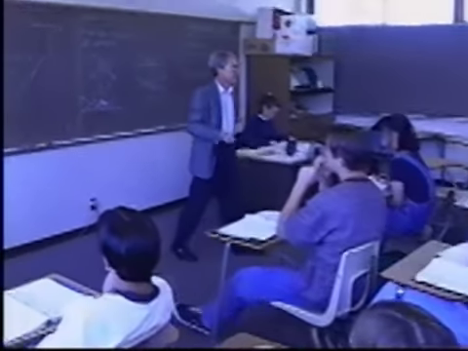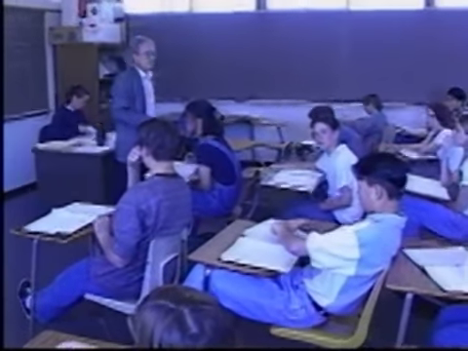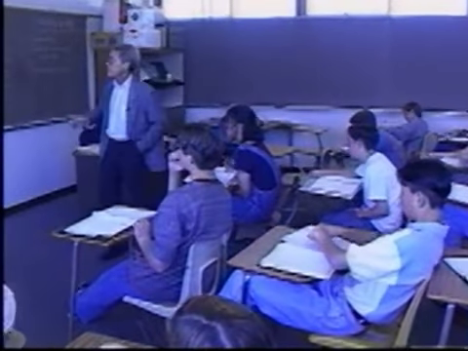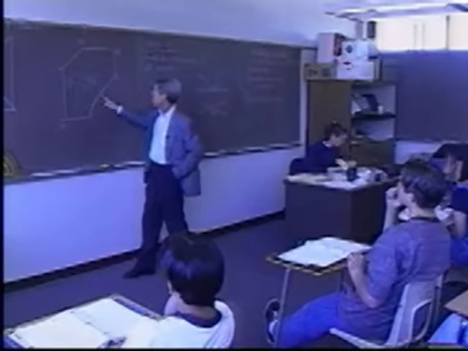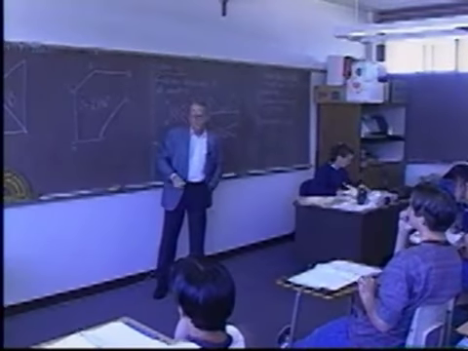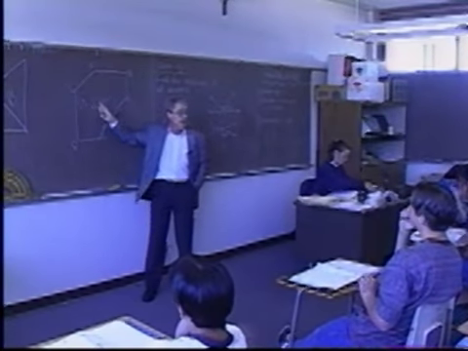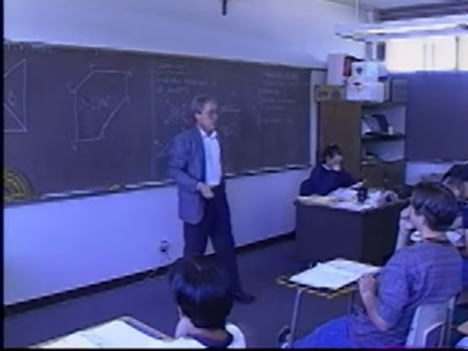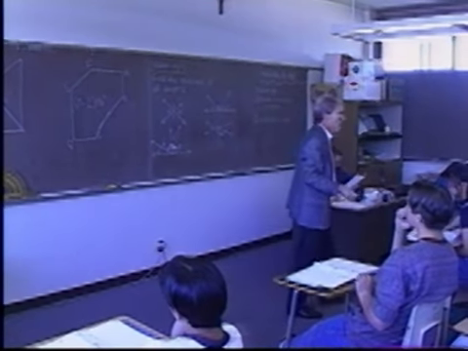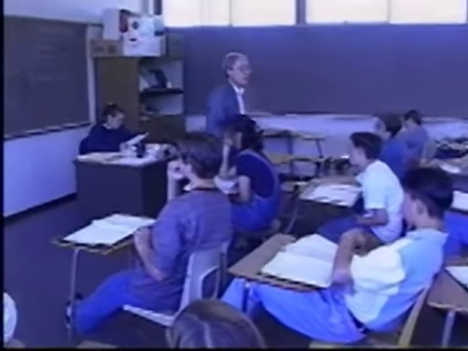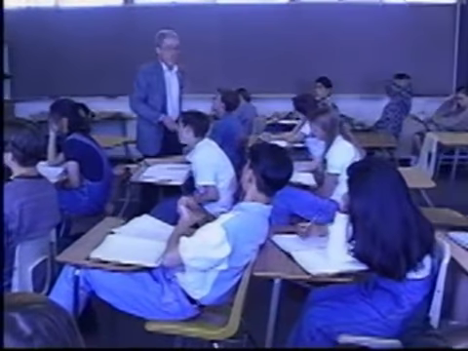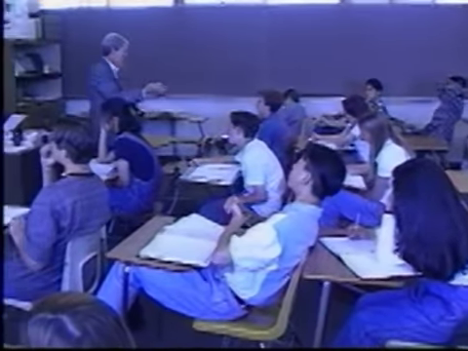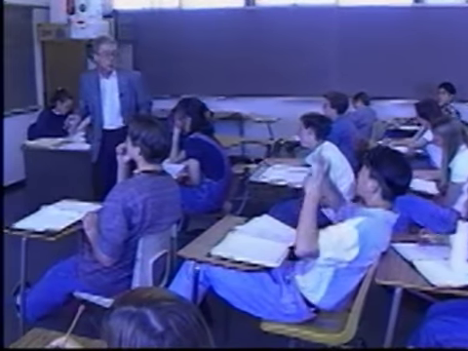How many sides in this figure? 1, 2, 3, 4, 5, 6, right? Number of sides, subtract 2 gives me what? 4. What is 4 times 180 degrees? 720, right?